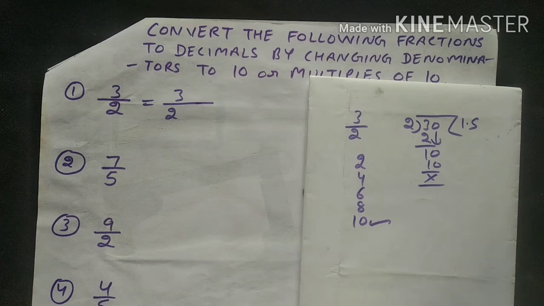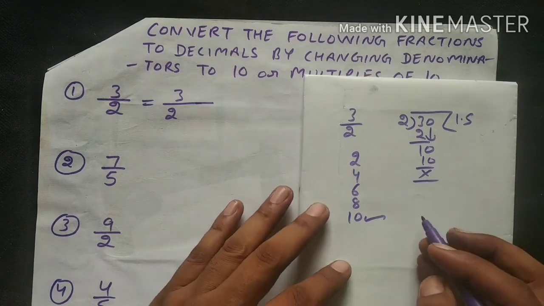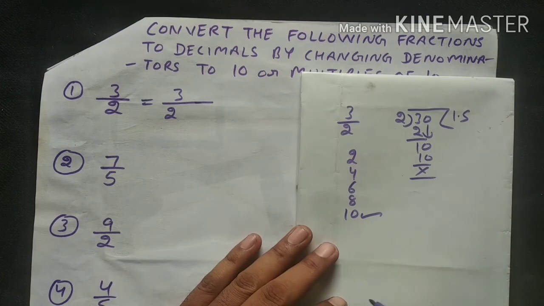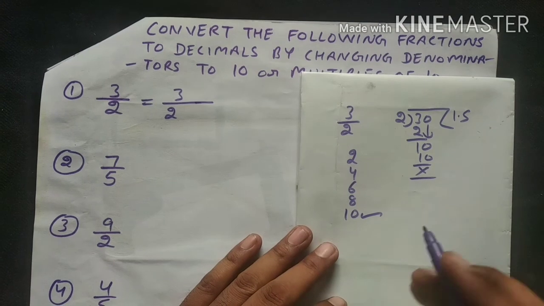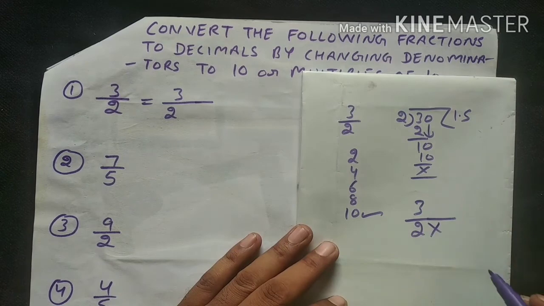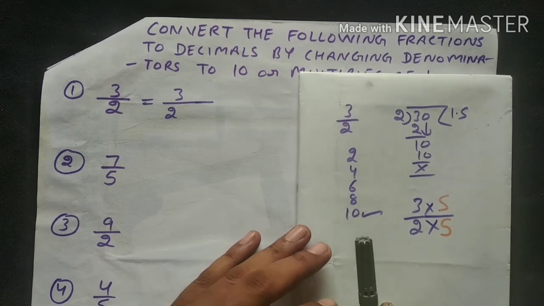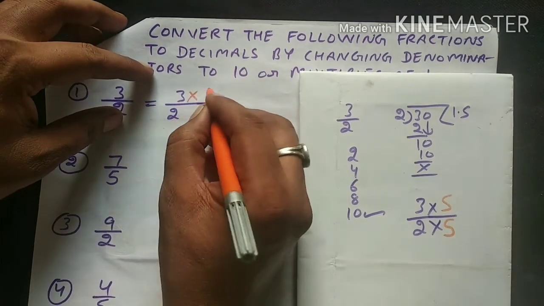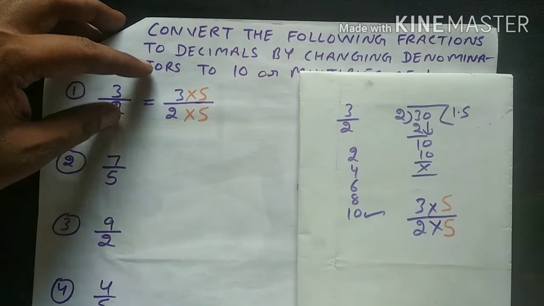Now we know the equivalent fraction concept. If we multiply the numerator and denominator of any fraction by the same number, its value does not change. So if the fraction is 3 by 2 and I multiply the denominator and the numerator by 5 and 5, then its value doesn't change. So I multiply by 5 and by 5.